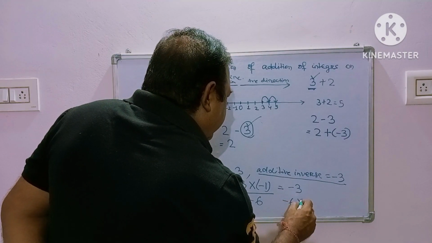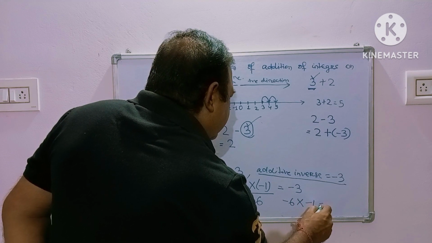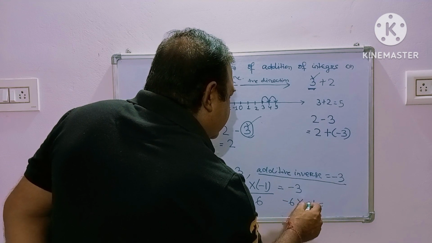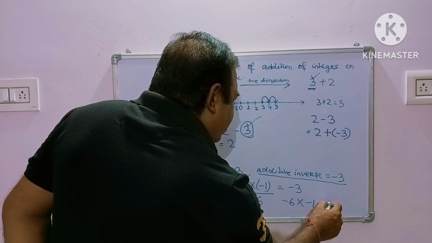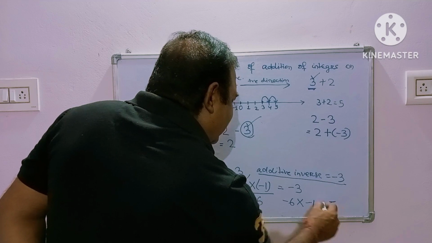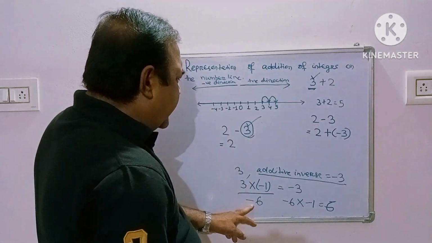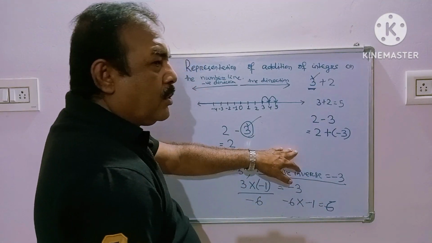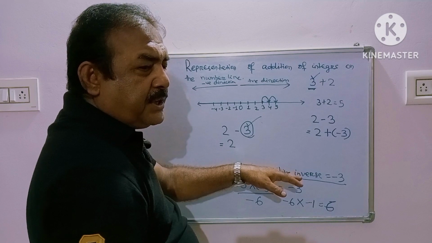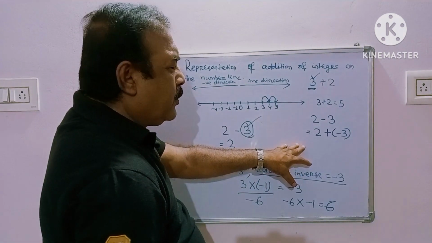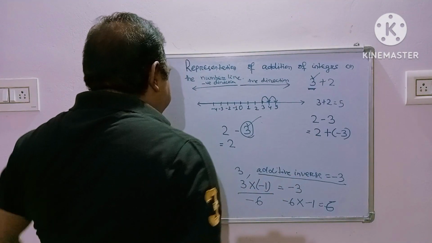Minus 6 into minus 1. Minus into minus is plus, and 6 into 1 is 6. So the additive inverse of minus 6 is 6. We will know when we go through the properties of integers. I will explain more regarding this, just to mark it.